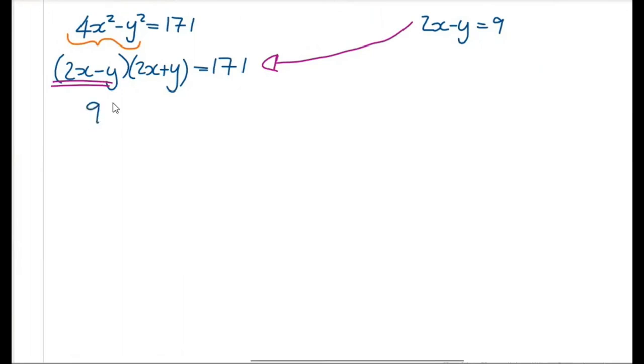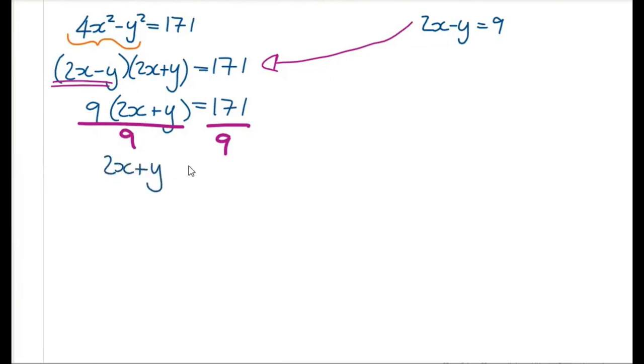So we're going to have 9 times (2x plus y) is equal to 171, and then we can divide both sides by 9. That tells me that 2x plus y is equal to 171 divided by 9, which I want to say is 19. Thank you, Emma.